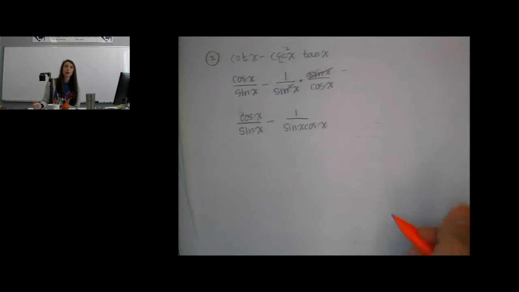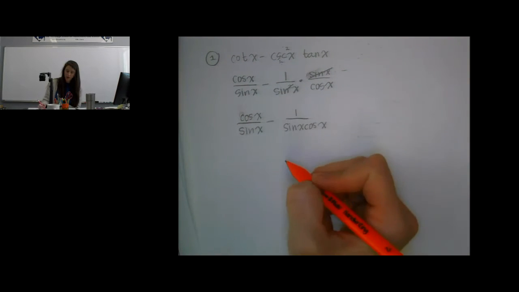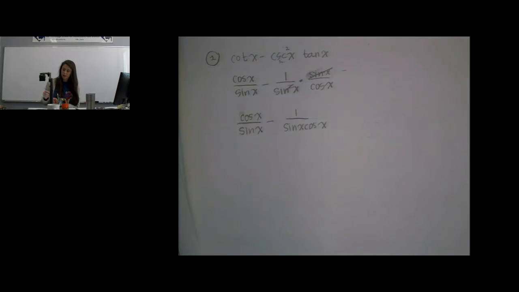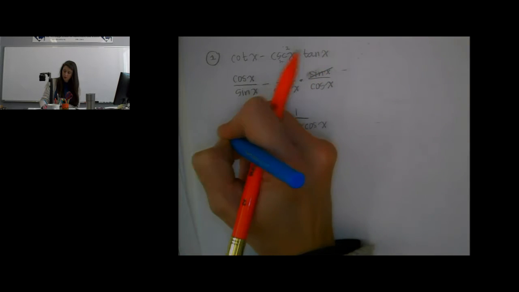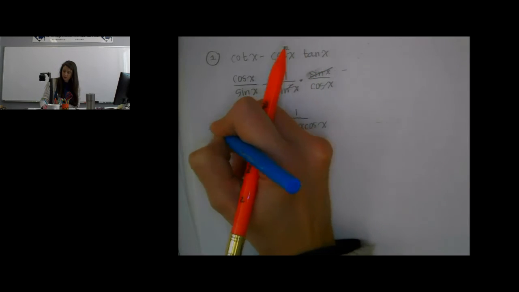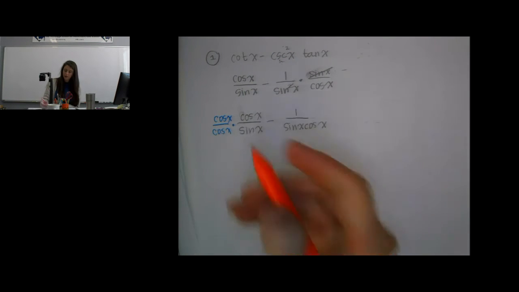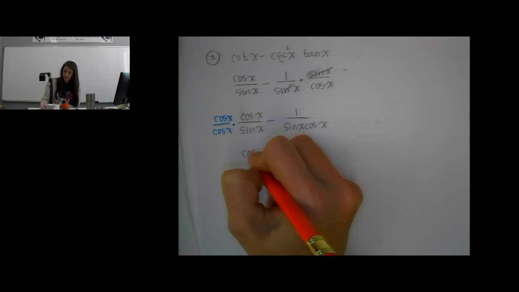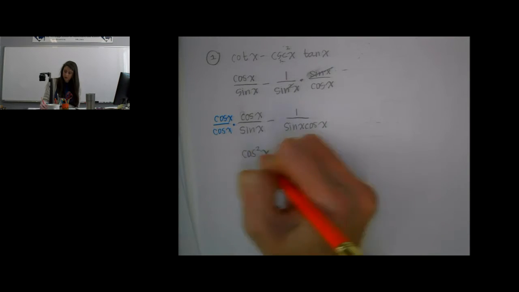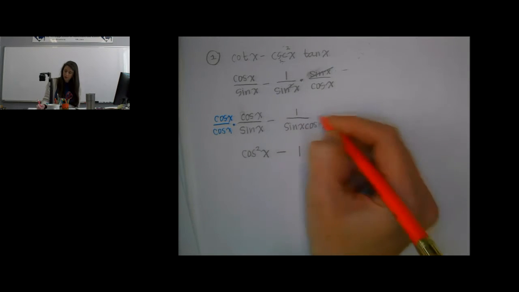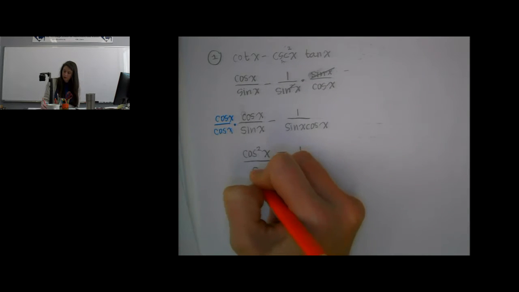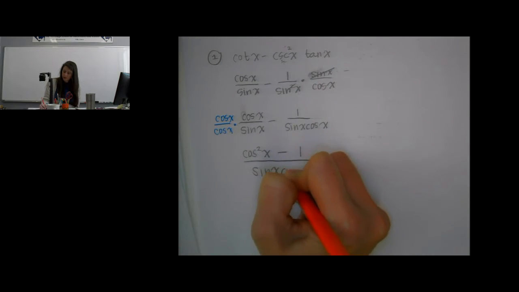Okay, so now I need to find a common denominator. My common denominator will be sine times cosine. So I need to multiply this one by cosine x. Cosine times cosine is going to be cosine squared. Don't have to multiply this one by anything. And it'll be all over sine x cosine x.